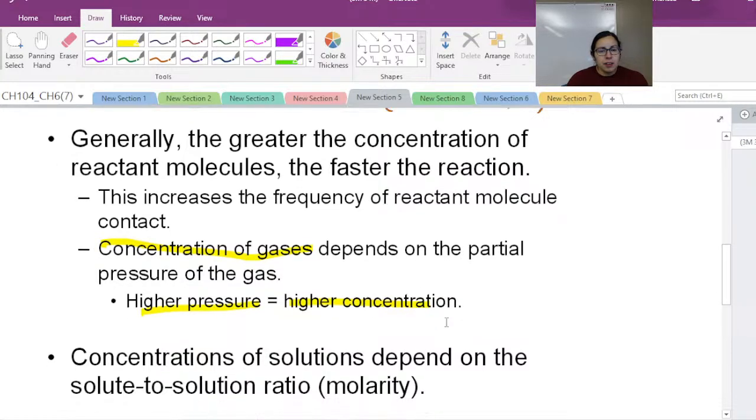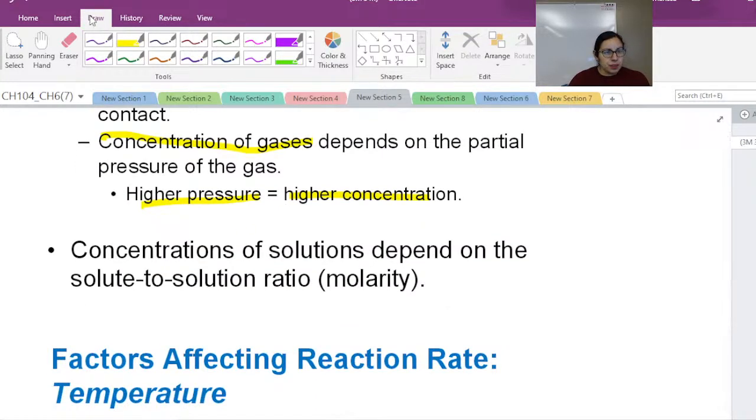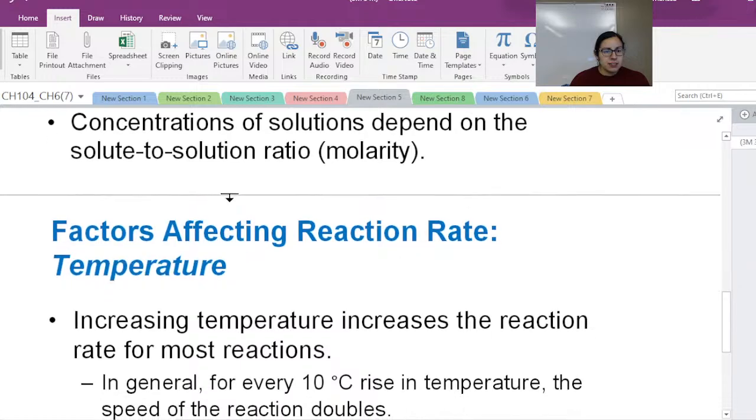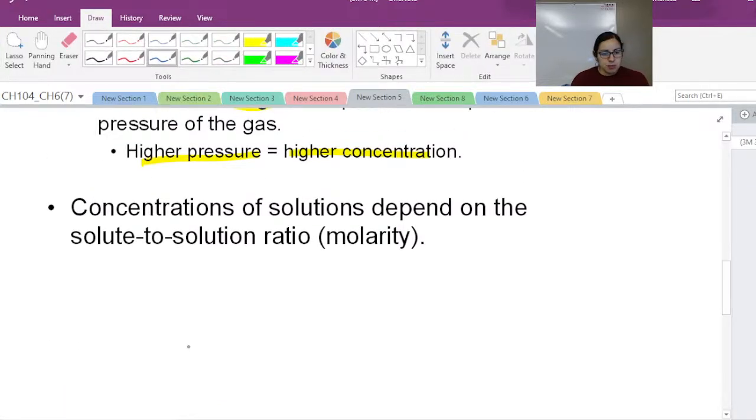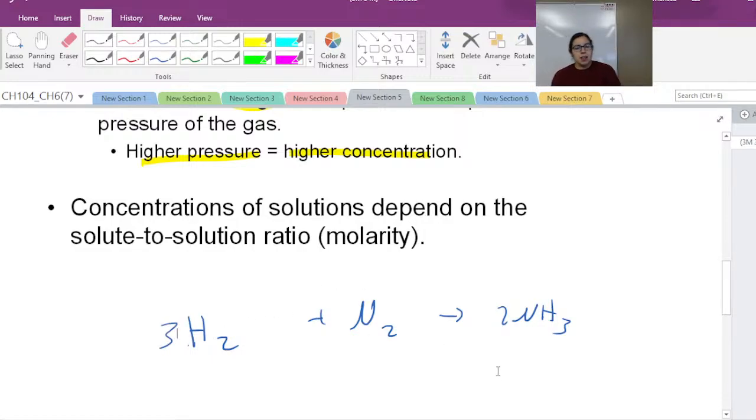And now thinking about the Haber-Bosch process. I've mentioned this reaction before. It's H2 plus N2 to give us ammonia. Why I like talking about this so much is that it's really important: this is how you make fertilizer on an industrial scale.